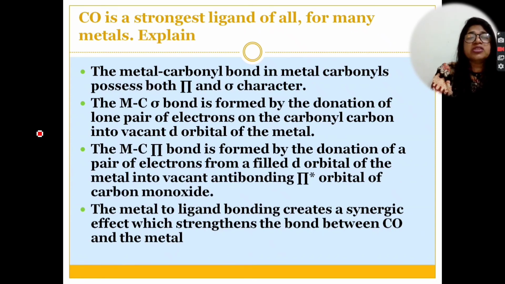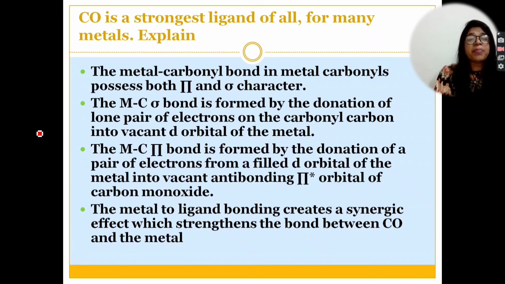CO is the strongest of all ligands. You have seen in the spectrochemical series, CO is the strongest because it creates a synergic effect which strengthens the bond between CO and the central metal ion. One is a sigma bond, which is formed due to the donation of an electron pair by CO to the central metal ion, forming a coordinate covalent bond.